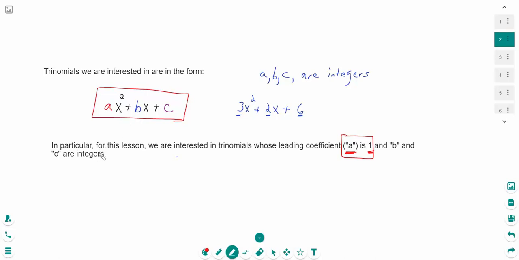Very important. Later on, we'll talk about trinomials whose leading coefficient, a, is not a 1, but that's for a future lesson. Right now, life is good. We're just going to make a equal to 1. And those will be the trinomials that we will be interested in. So that's the groundwork for today's lesson.